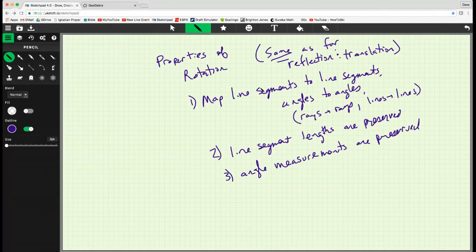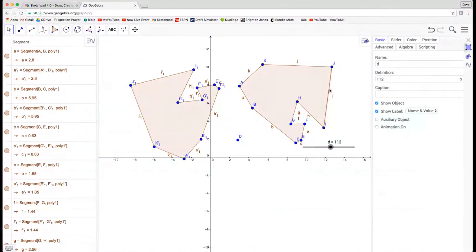Maybe you take these down in your notes, write them down. Maybe take a screenshot and watch as we go to this other screen and verify. So the first thing we want to look at is that every line segment over here will have an equivalent line segment on our rotated object. So line segment AK, there's an A prime, K prime.